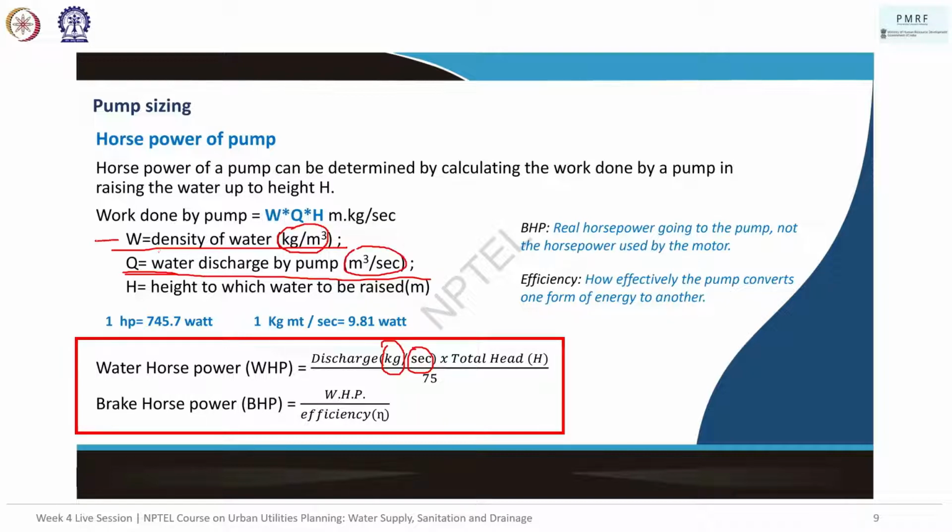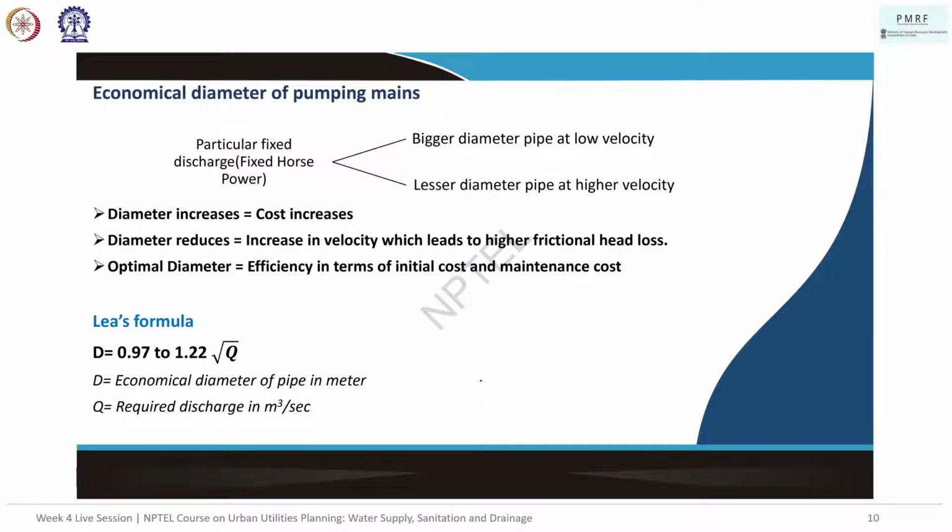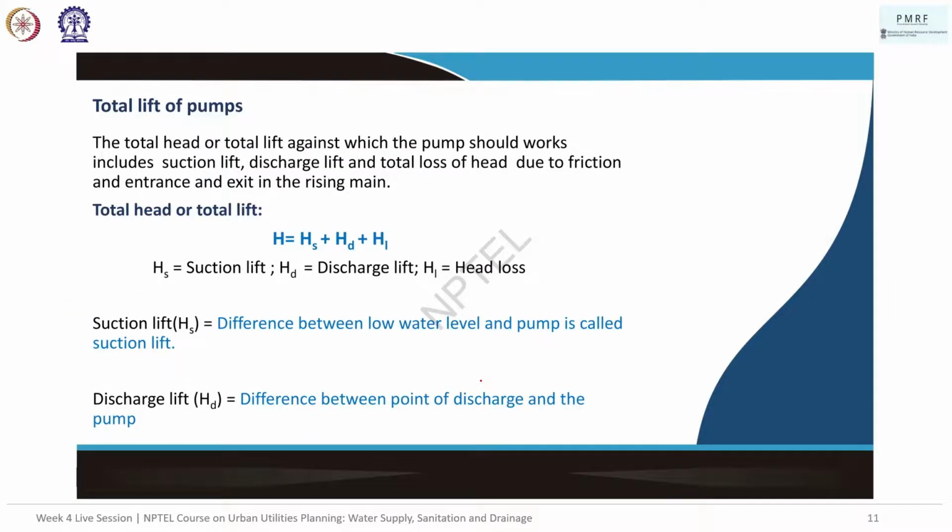So we'll be multiplying W and Q as well as the total head. So if you remember, the total head is calculated by adding three components. One is suction lift, one is discharge lift, and one is head loss.